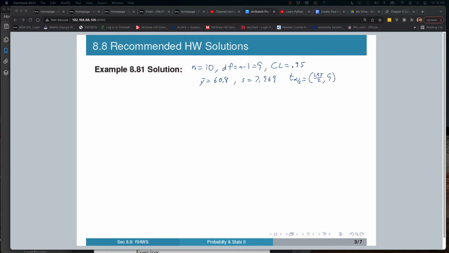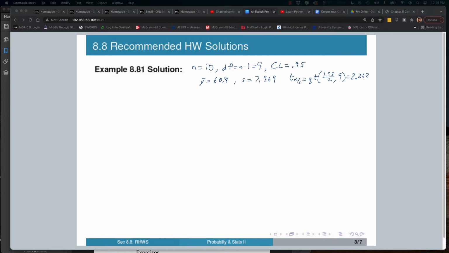Oh yeah, I'm using QT. And that's going to give us a value of 2.262.